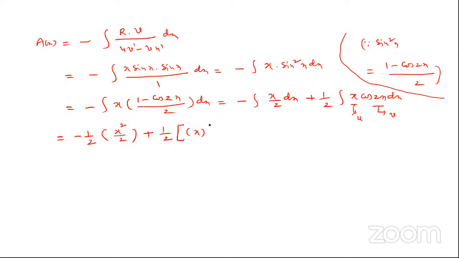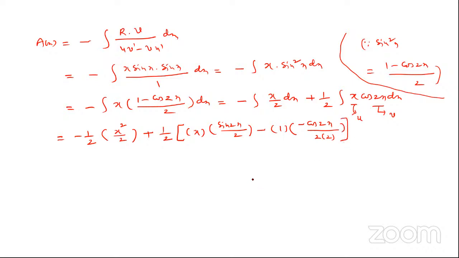Integration of cos 2x is sin 2x divided by derivative of 2x, which is 2, minus derivative of x, which is 1, into integration of sin 2x by 2. Integration of sin 2x is minus cos 2x divided by 2, already multiplied with the old 2.